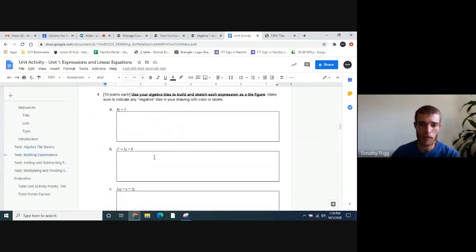Now, let's take a look at how to build some things. So for this one, it says 4y minus 3. It says use algebra tiles to build and sketch each expression as a tile figure. Make sure to indicate any negative tiles in your drawing with color or labels. So the first one's 4y minus 3.